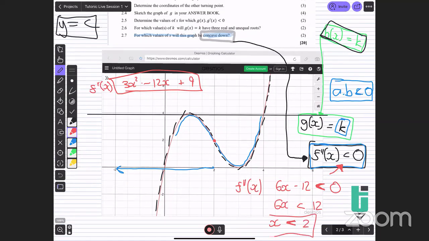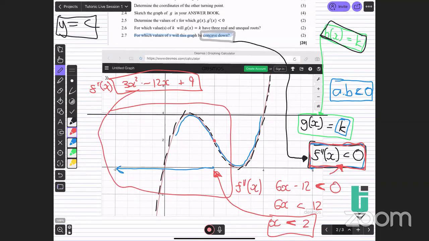So do you guys see x must be less than 2? Yes, so both ways work. But let's say they never gave you the graph, then you use this. If they gave you the graph but never gave you the equation, you use this. Do you see?